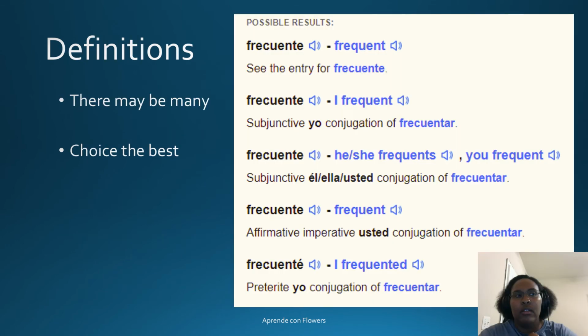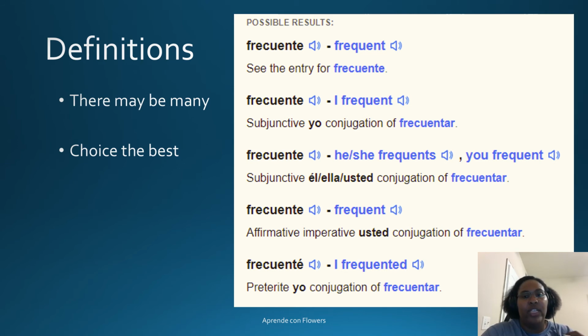Okay? I wanted to take some time and talk about definitions. As you can see, sometimes I put up definitions for words, sometimes I don't. Usually I don't put up the definition if it's an easier word or if I have a picture of it. As you can see with this little shot here of frecuente, it has many definitions, right?